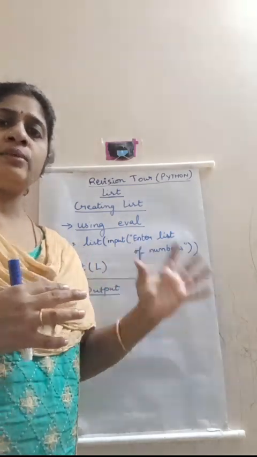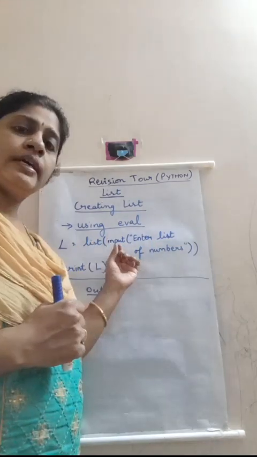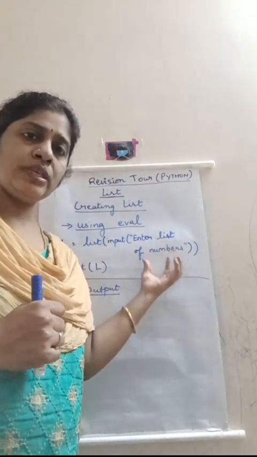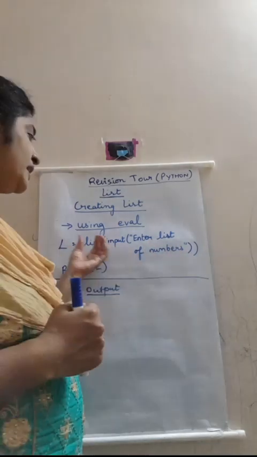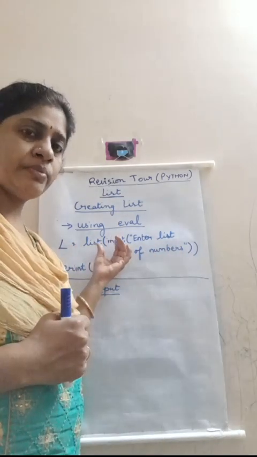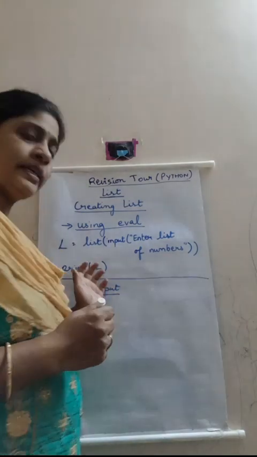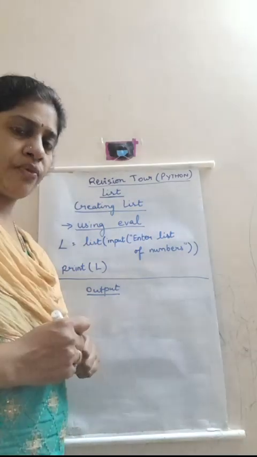But before that, we'll just recall the input function. I have written here the statement input, enter list of numbers. Whatever list of numbers the user enters will be converted into a list type object, and it will get stored in L. Let us see what the output will be over here.